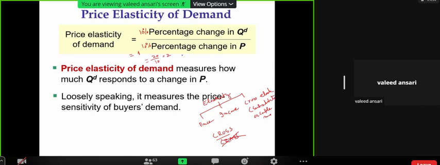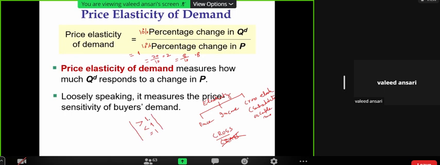If the change in quantity demanded is 8% and price changes by 10%, elasticity will be 0.8. So now we will get a number. Either we will have elasticity greater than 1, less than 1, or just equal to 1.